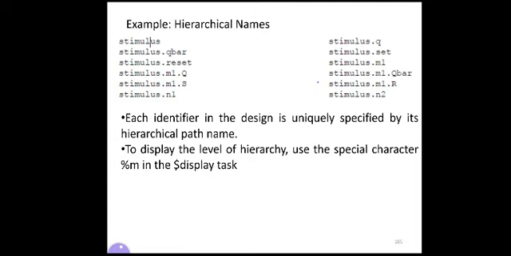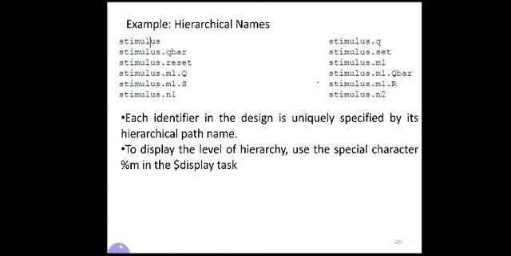Like this, the name will be unique. Then for the Q, Q bar, S and R signals, the hierarchical names will be stimulus dot M1 dot Q, stimulus dot M1 dot Q bar, stimulus dot M1 dot S, stimulus dot M1 dot R. Like this you can name them. So these are the examples of the hierarchical names.